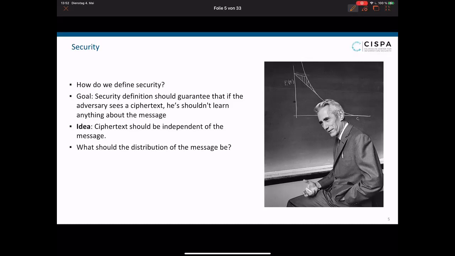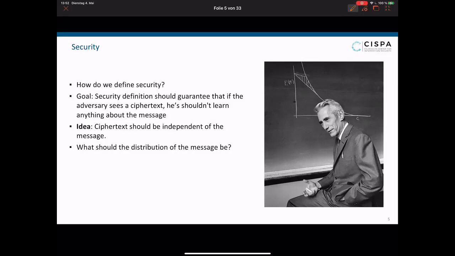But the first question that he had to answer is, what should the distribution of the message be, right? In information theory, messages that are sent over channels are typically modeled as random variables. Like, we've seen uniform random variables, or let's say some distribution over sentences in English or in German or whatnot.